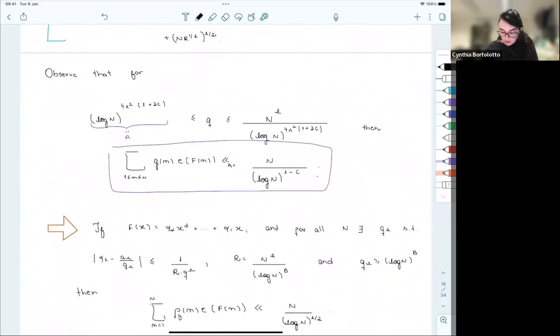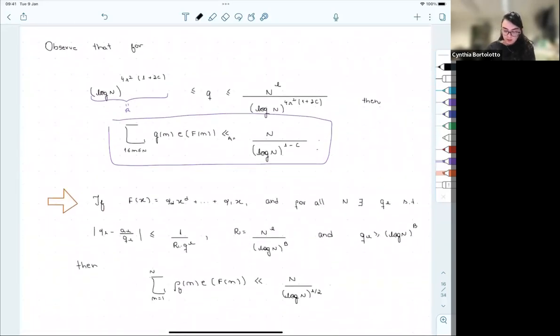And we observe that if we can approximate, for every n, one of the coefficients by some Q A_L divided by Q_L, where Q_L is big enough, then we get what we want for our function.